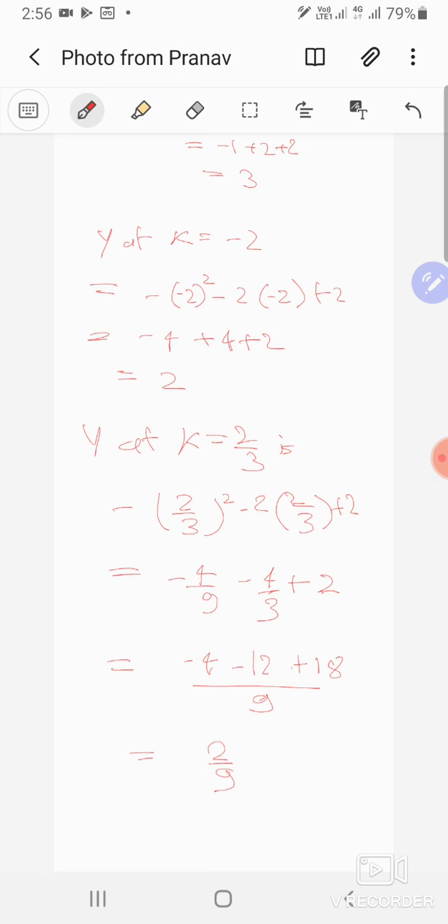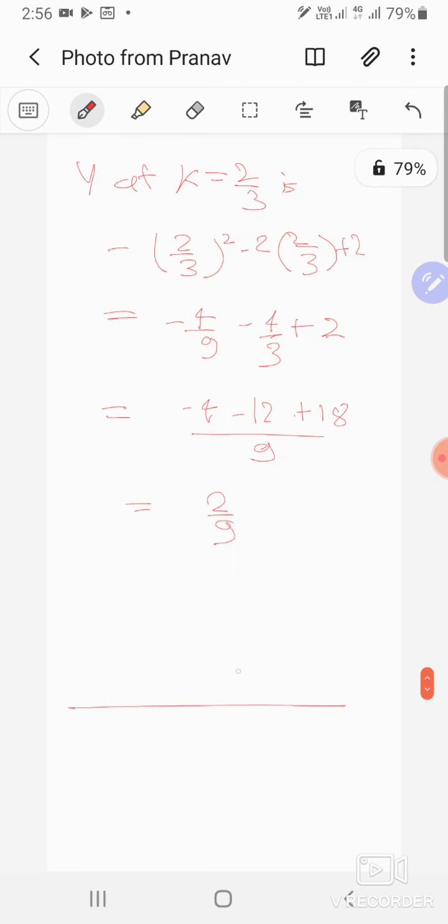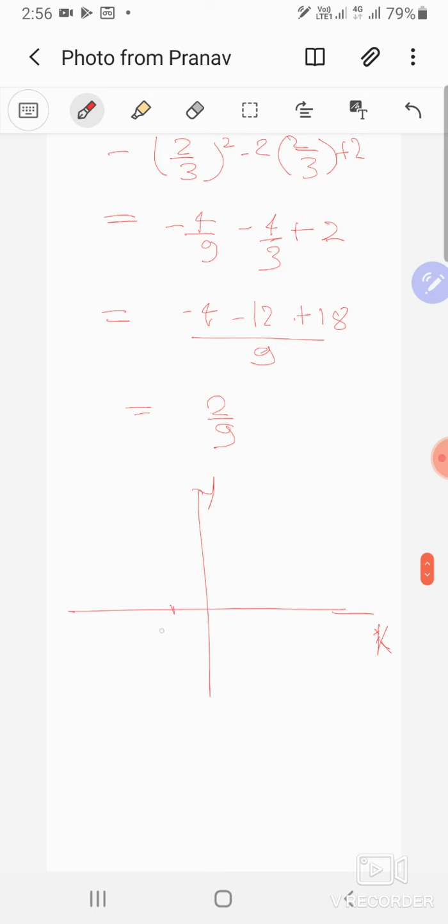Okay, so here's how the graph should be looking. You got your k-axis and this y-axis. You got minus 1 where you get the maximum value 3, and then this goes down like this. We don't know where the roots are, but we know that at k equals 2 by 3, this value of y is going to be 2 by 9.